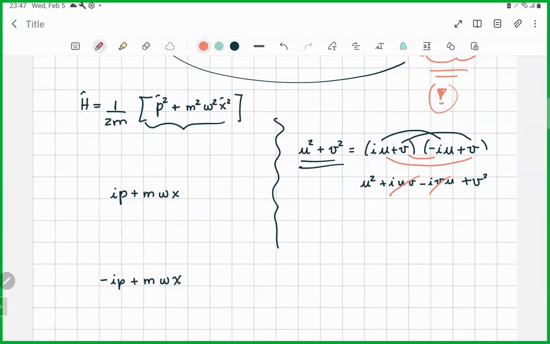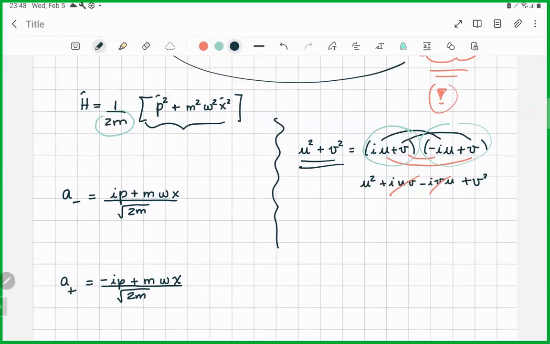Just following what we wrote here. But don't forget there is this 2m here. So let's put this as a square root of 2m, and so when we multiply the two, we get that 2m. Very good. And I'm going to give names to these things, so I don't need to keep rewriting this whole long term. I'm going to call this one on top A minus, and this one at the bottom, I'll call A plus.